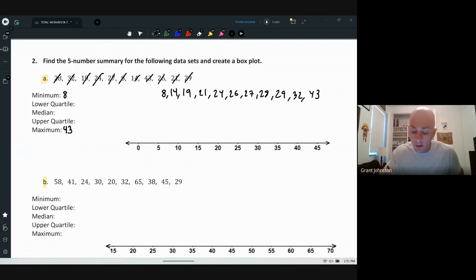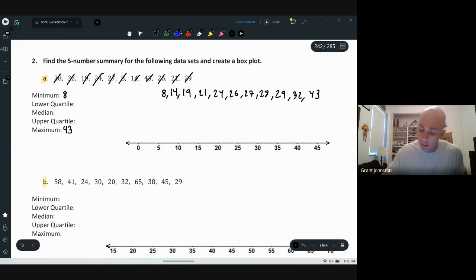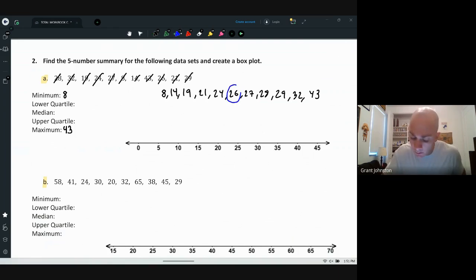So I think the median is 26. Yeah, there's 5 on each side of that. Okay, so the median's 26. That's in the middle. And you probably in the past have slashed until you got to the middle. But I didn't want to do that because I have this pen tool that isn't that great and there's no back button or undo button.